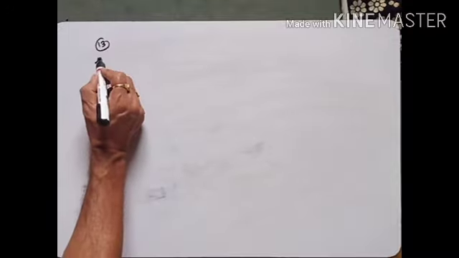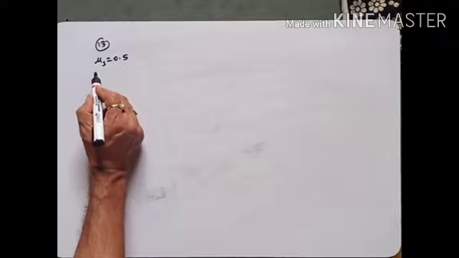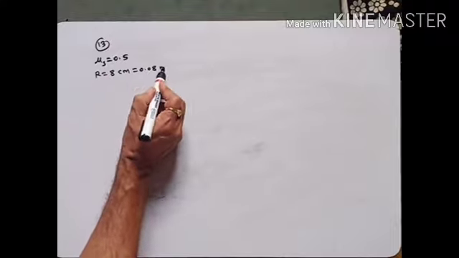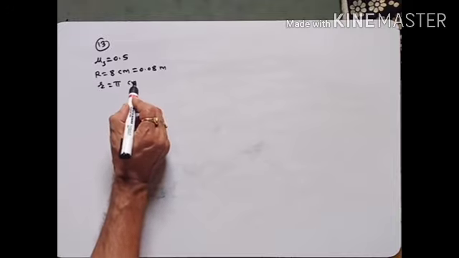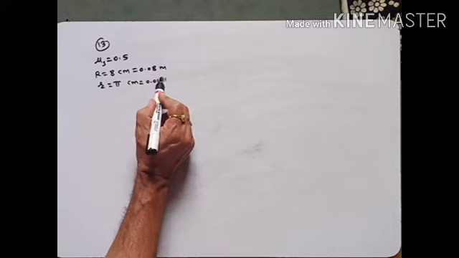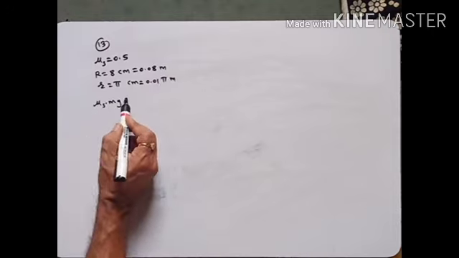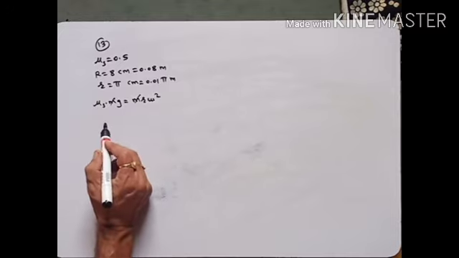Here you see, mu s is equal to 0.5. Capital R is equal to 8 cm, that means 0.08 meter. Small r is equal to pi cm, that means 0.01 pi meter. Here we write mu s into mg is equal to m r omega square. This m gets cancelled.